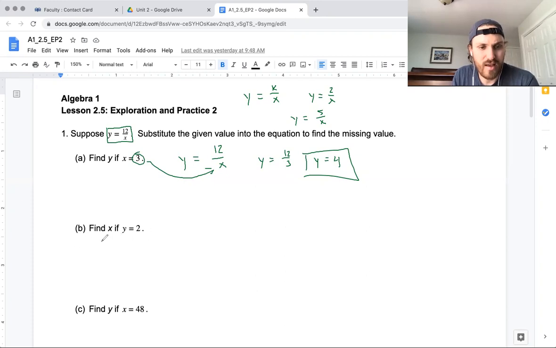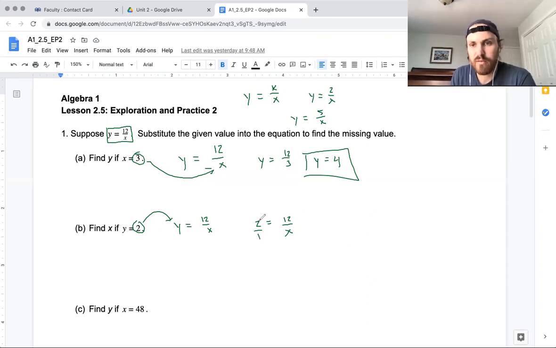So that's not too bad. I can just plug in the 3 and out comes the 4. Now this one says find x if y equals 2. Again, I'm going to write out my formula, y equals 12 over x. But now this is a y value, so I'm going to plug that in for y and get 2 equals 12 over x. Now 2 equals 12 over x is the same thing as a proportion: 2 over 1 equals 12 over x.